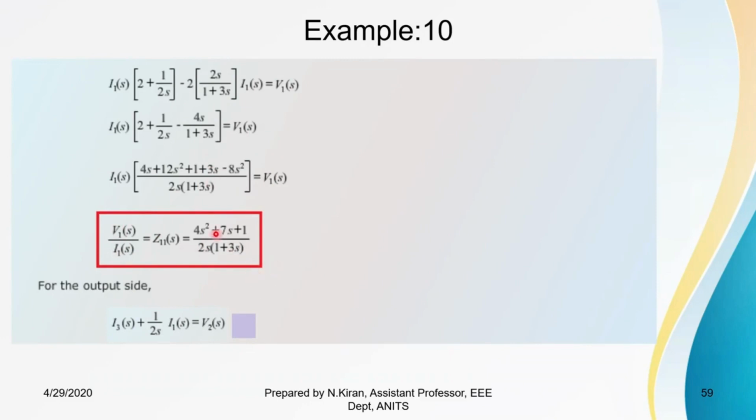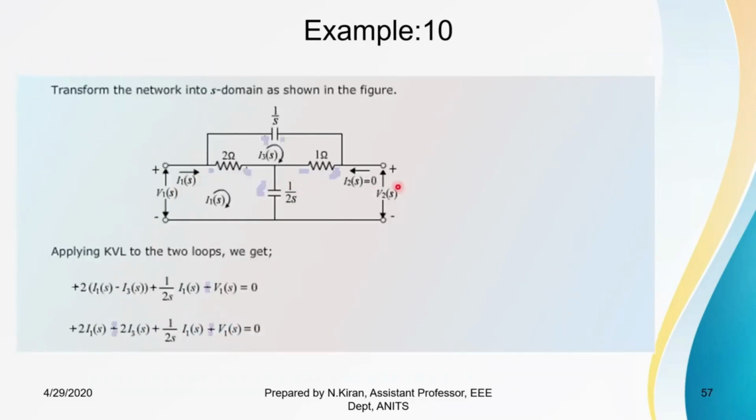But in this circuit, V2, as you know, is nothing but the voltage across the 1 ohm resistor as well as the voltage across the capacitor. If I want V2 of s, it is 1 into the current flowing through the 1 ohm resistor, which is I3, plus 1 by 2s into the current flowing through the capacitor, which is I1 of s.